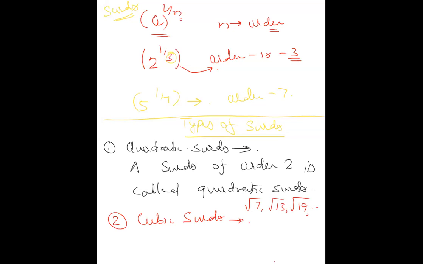So the surd of order 3 is called cubic surd. Note down, please.